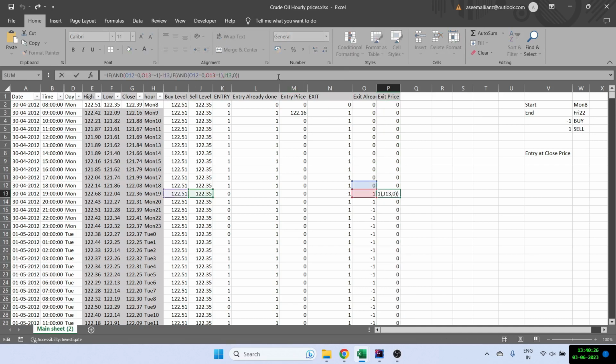Okay, seems to be some error here, because this should have been O12 and O13 is equal to -1, then minus of I13.